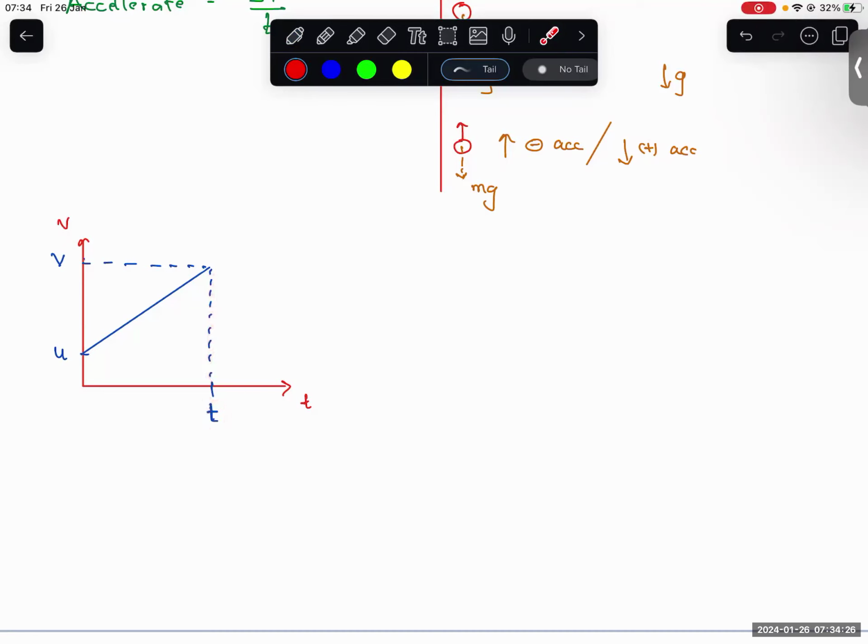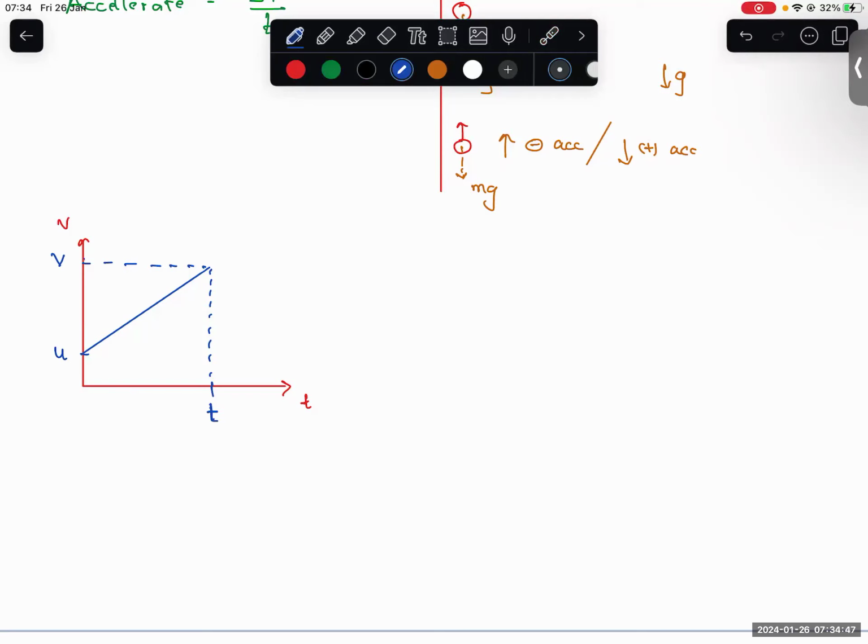Now this is a v-t graph. What is given by the gradient of this graph? Acceleration. What is given by the area under this graph? Displacement. So we can derive two equations, for acceleration and displacement.